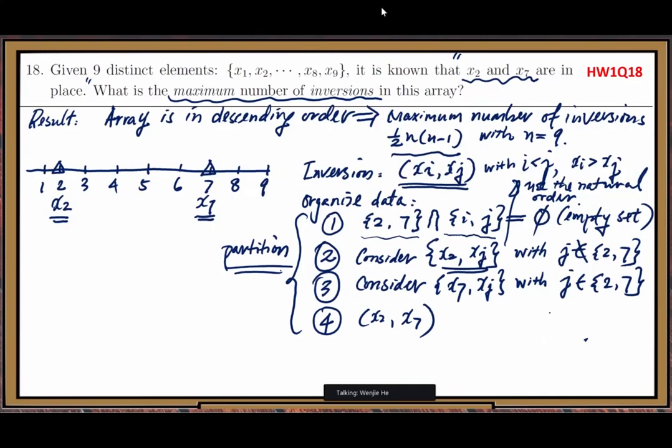Partition means when we divide the whole set of pairs, all possible pairs, which we treat as a set, the original set, into 4 subsets. Subset 1, 2, 3, 4.